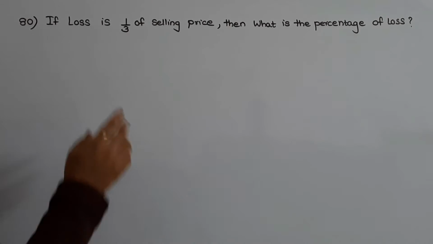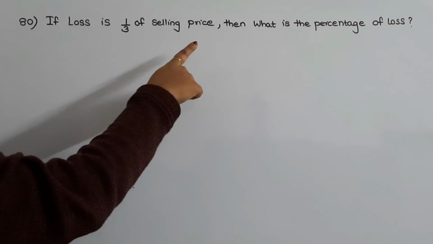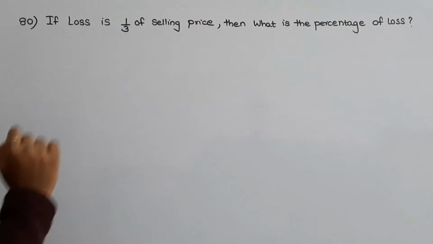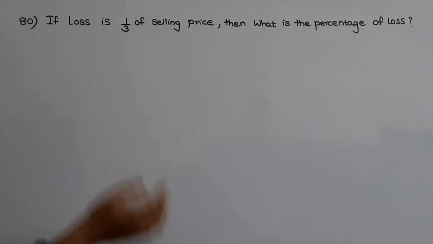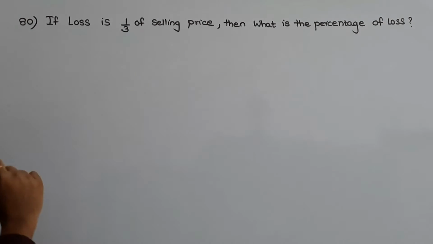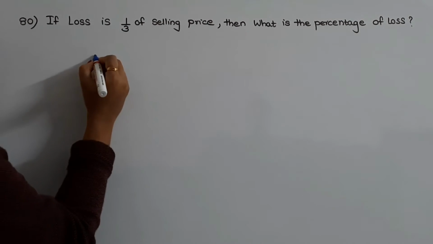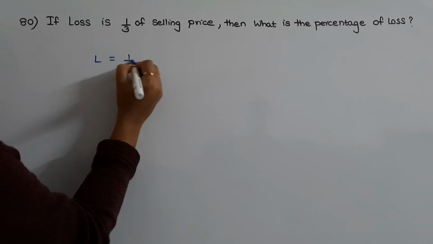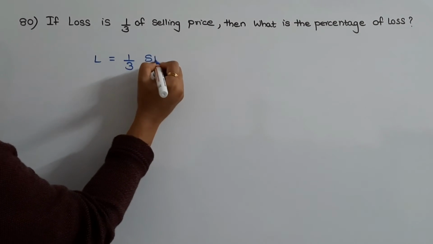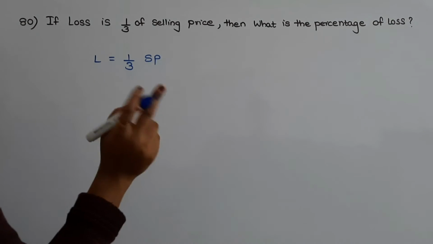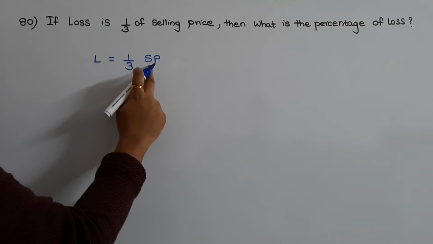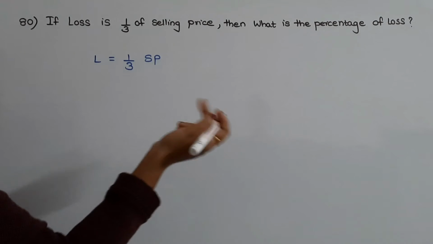The next question is, if loss is 1 by 3 of selling price, then what is the percentage of loss? In this question they are telling that loss is 1 by 3 of selling price. So we can write L is equal to 1 by 3 of selling price, and we know that when it is loss, selling price is equal to cost price minus loss.